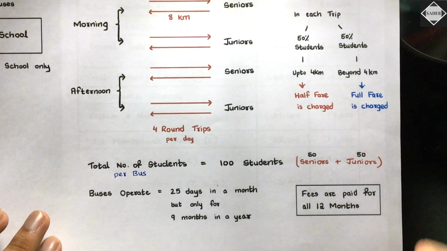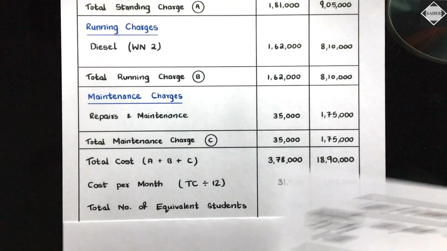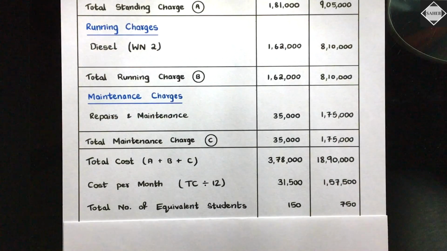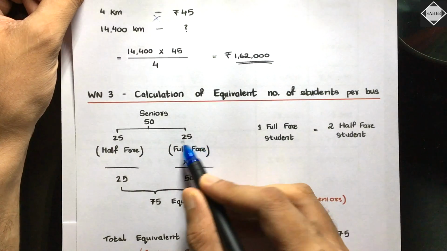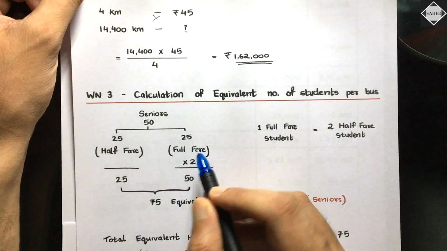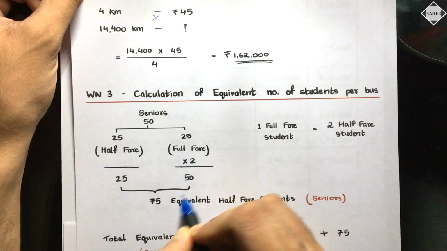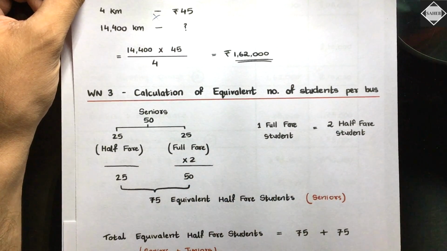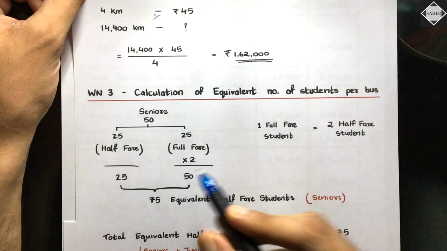So we had to use the concept of equivalent units. We had to make apples and oranges equivalent. To do that, we saw in seniors, we had 25 half fare and 25 full fare. We converted full fare students into half fare students. 1 full fare student is equal to 2 half fare students, so we just multiplied by 2.